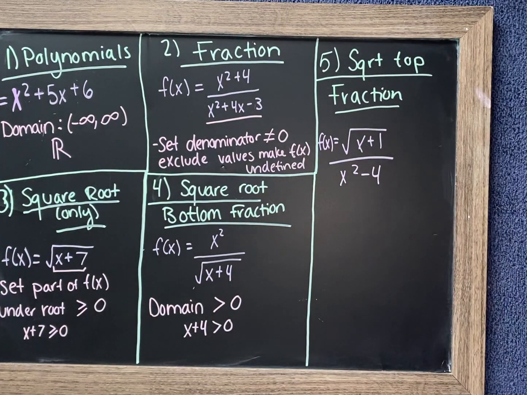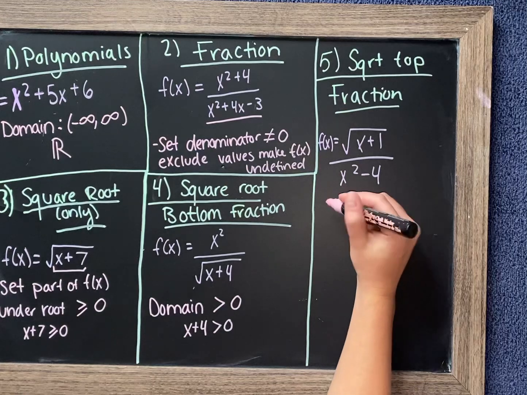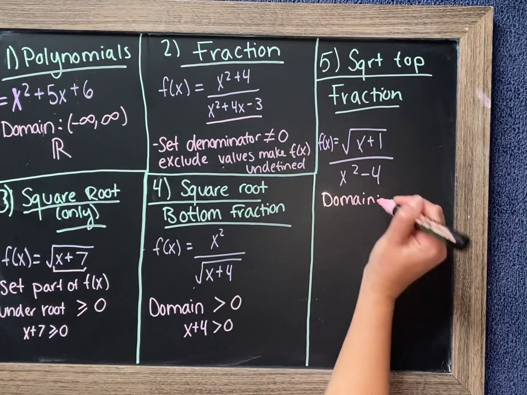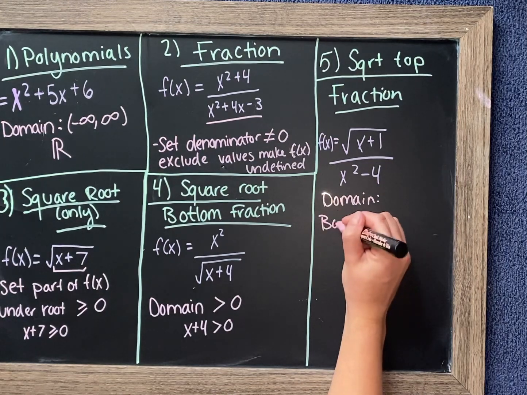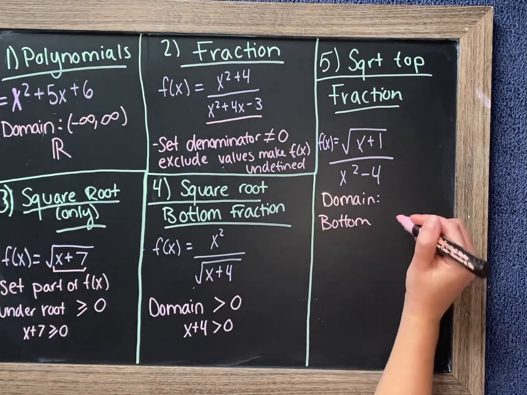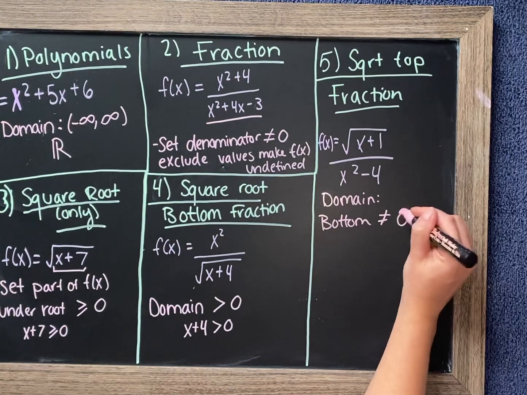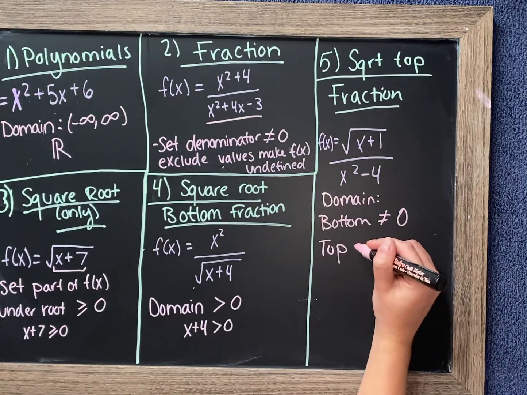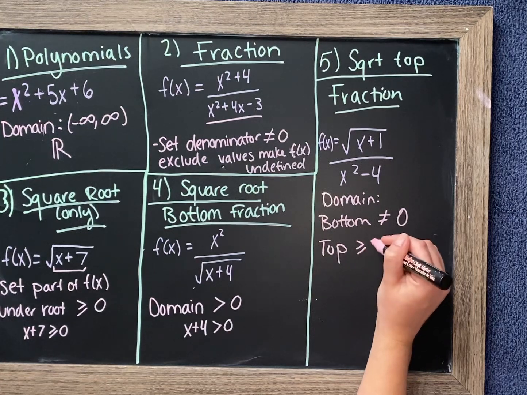If you had a problem like this, the way you're going to find the domain is first you want to make sure that the bottom of the fraction is not equal to 0, and then the top of the fraction is going to be greater than or equal to 0.